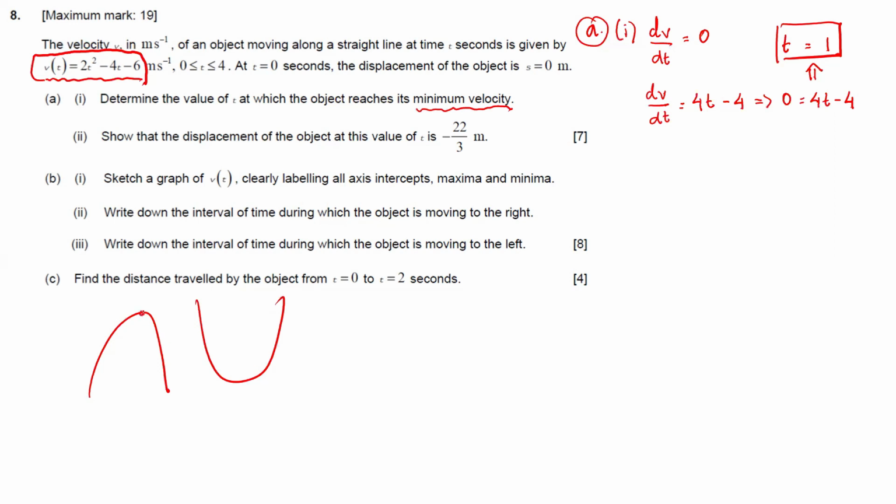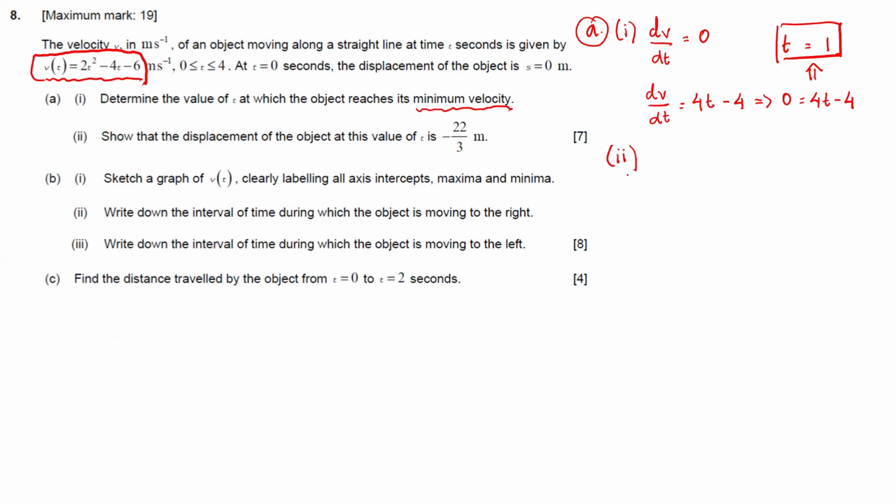Either the t is the maximum or the t is the minimum. Since the coefficient of t squared is positive, it is going to be concave up. So we will only have one stationary point, and it is going to be a minimum. So we don't need to check on that one.